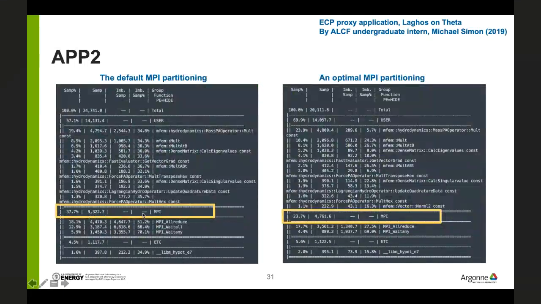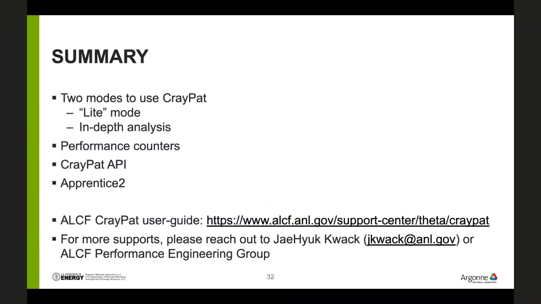You see in this example, for the same number of nodes and same input, it spent 9,000 samples in MPI, but with optimal MPI partitioning, the sample count dropped to 4,700, something like that. So through this process, he could optimize that problematic case with optimal MPI partitioning and get better efficiency. So yeah, this is the summary.